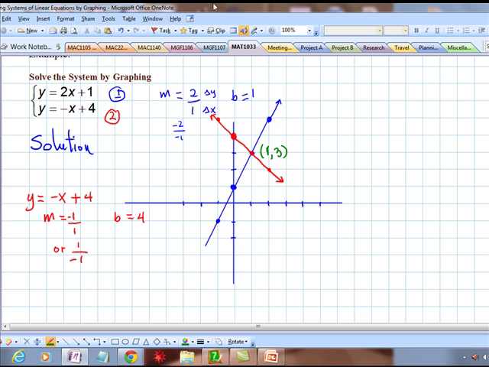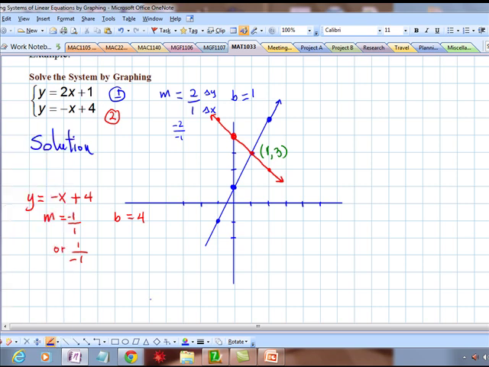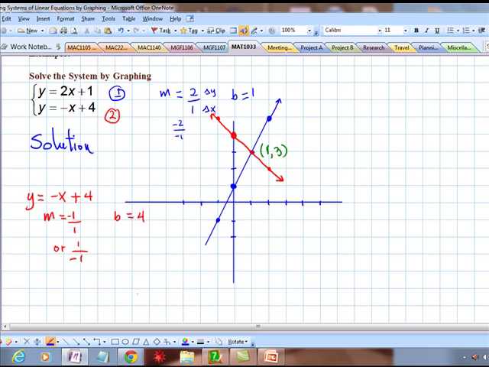And then step 3, we're going to check the solution. It looks like this is the solution, the common point between the two lines, but we always have to check to make sure. Because if you graph something wrong and it comes out a different number, you don't know until you check. So it's important that you check.